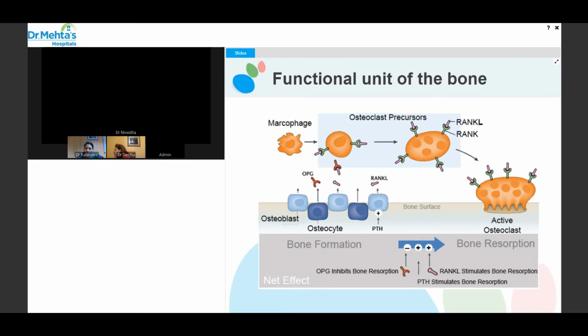Under the influence of PTH, the osteoblasts release RANKL, which binds to the RANK receptor present on the osteoclast precursors and activates them to form the active osteoclast, which causes bone resorption. The osteocyte, in order to balance this bone resorption, produces osteoprotegerin, or OPG, which binds to RANKL and prevents it from binding and activating the osteoclast precursors, hence limiting bone resorption.